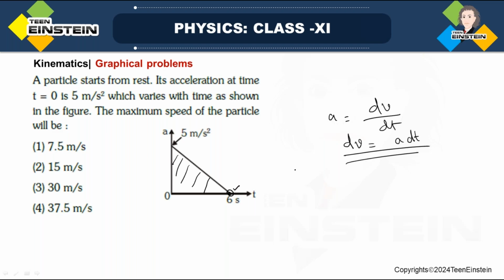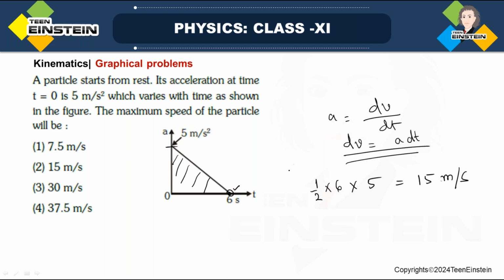So what will be the area under this curve? Area under this curve is, look, half base into height. Height is 5 meter per second square, base is 6, so this will be 15 meter per second.